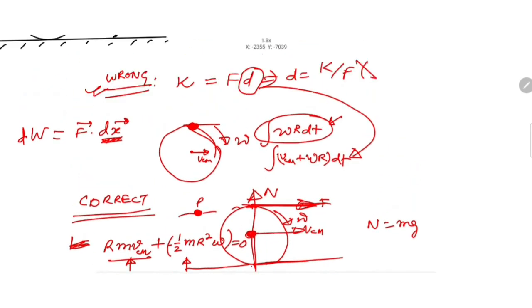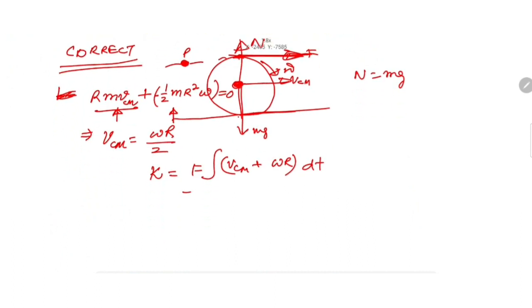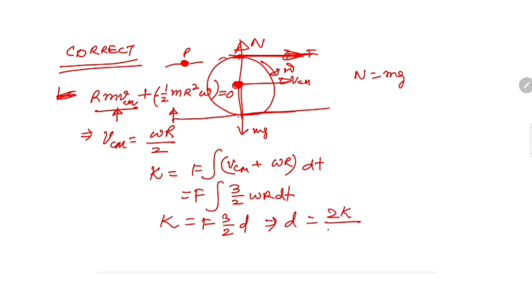I have just told right now. So what is vcm? Vcm is omega r by 2, so we can write 3 by 2 omega r dt. And what is integral omega r dt? D. So our required answer is D equal to 2K divided by 3F. So this is our required answer.